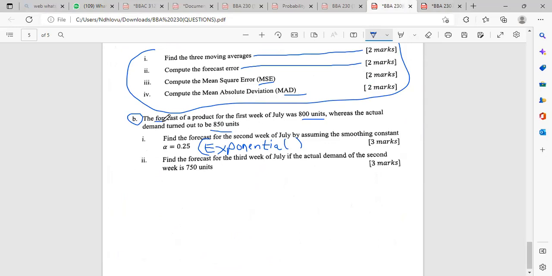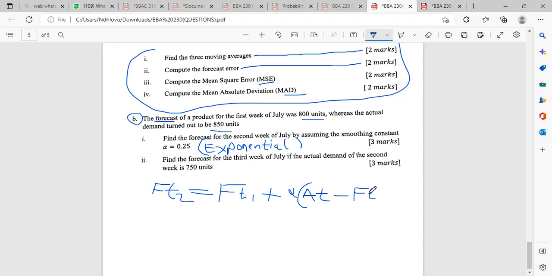So this is the forecast FT1. Our forecast for FT2 will depend on the old forecast, which is FT1, plus the alpha level times what was observed minus FT1.